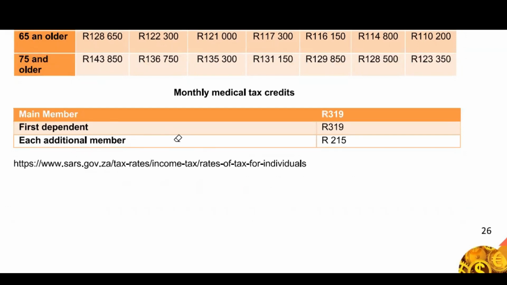It simply means the main member, who is Mrs. Ndlovu, will take the same amount as the first dependent. Each additional member will take 215. So those 2 people will share the same amount, plus the other 2 remaining. Everything has to be multiplied by 12 because it's annual.